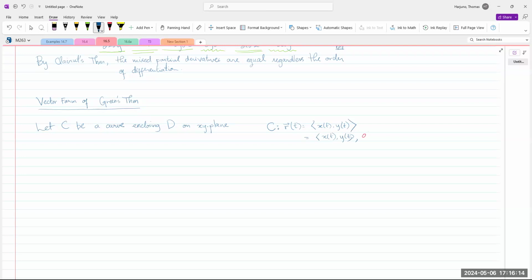Now, if you think about it, this is basically the idea of augmentation. It's supposed to be two-dimensional, but we see it from the third dimension, and you set the third component to be 0, or any constant actually works. Okay, and let vector field F be the vector PQ, which we will now see as the vector PQ0.